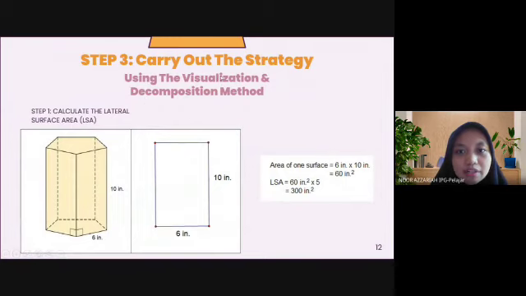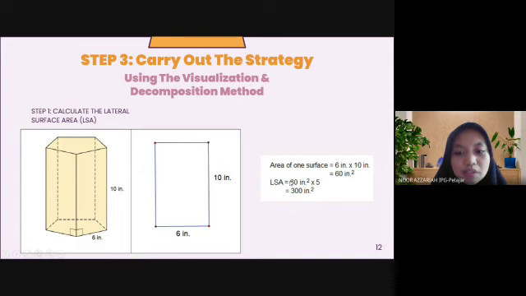Step 3. Carry out the strategy. So as I said just now, I used the visualization and decomposition method to find the total cost. So first, calculate the lateral surface area. As we can see now, this is the representation of the regular pentagonal prism, and this is one of the surfaces of the lateral surface.